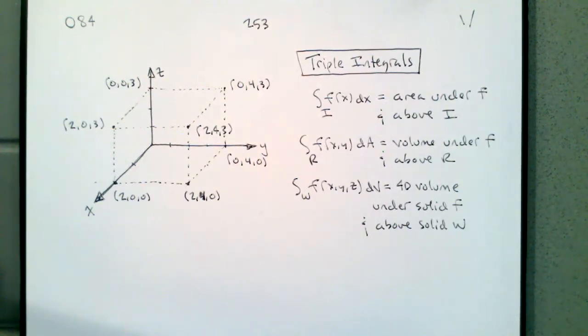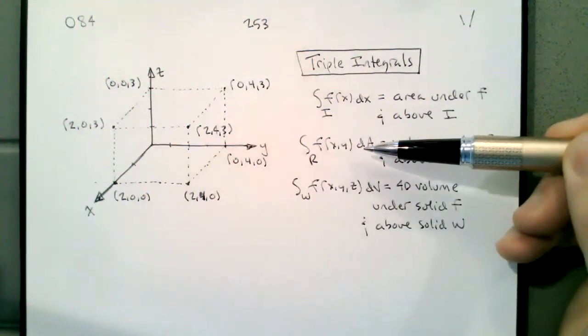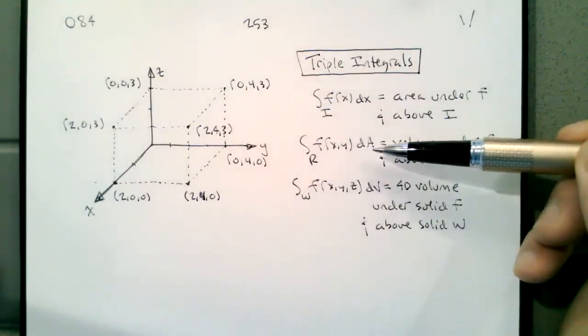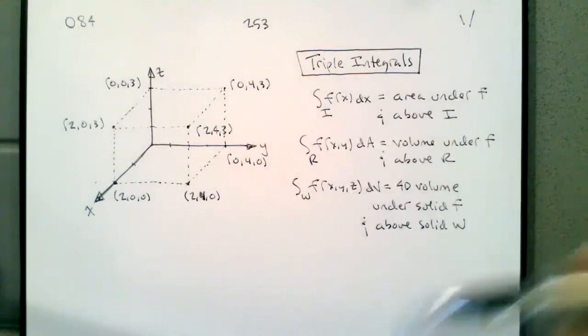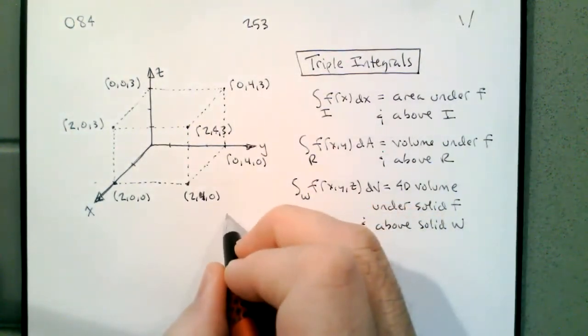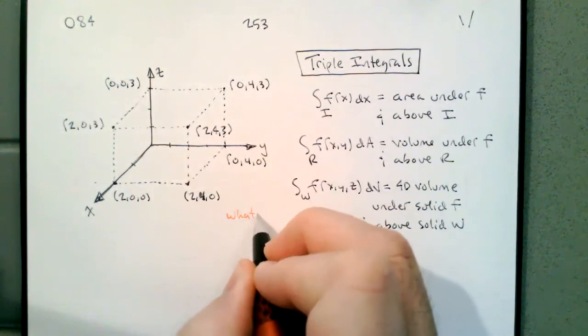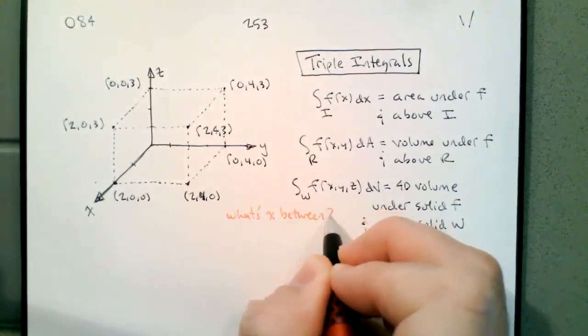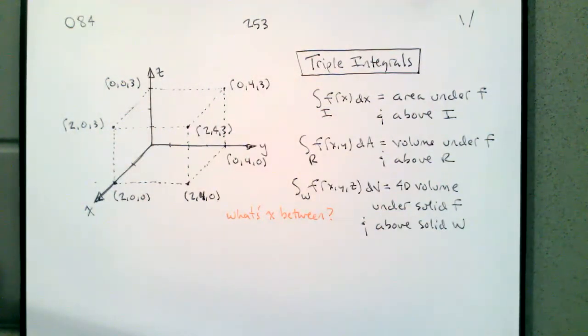Good news, everybody. We don't have to change what we're doing. Before, in our double integrals, our plan was to say, what's x between? What's y between? So our plan for a triple integral is just going to be the same thing. We're going to say, what's x between? And then we're going to say, what's y between?